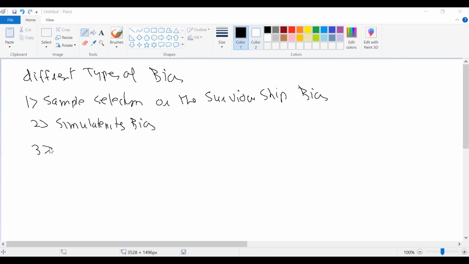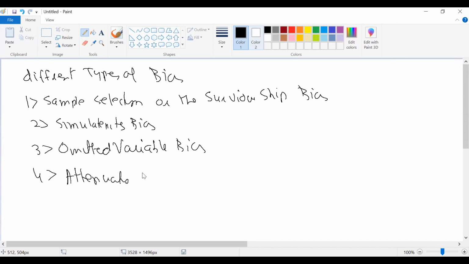Fourth one is omitted variable bias. And attenuation bias. Attenuation bias. ये चार word note down कर लो, then let's discuss one by one.